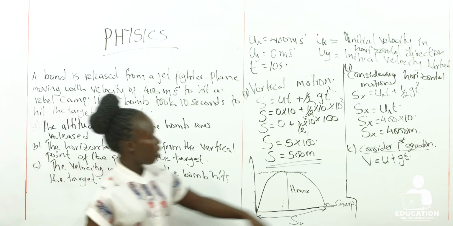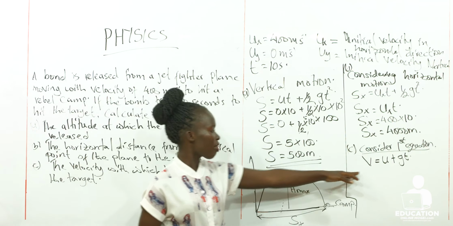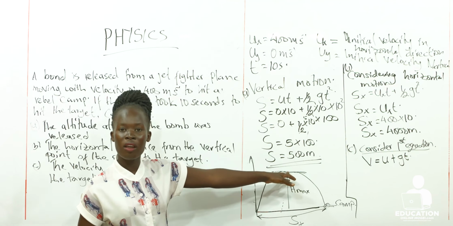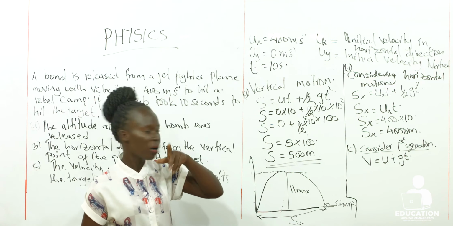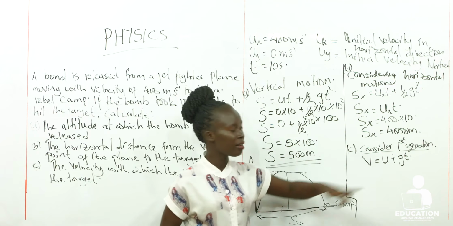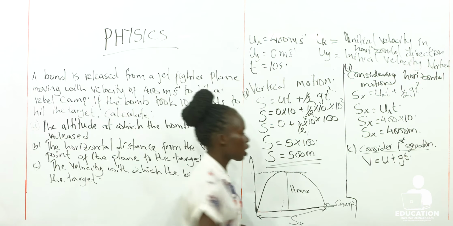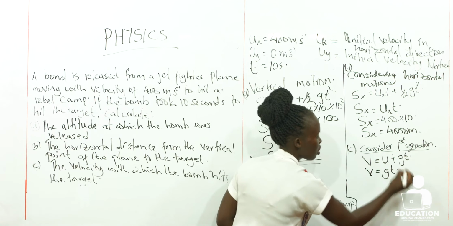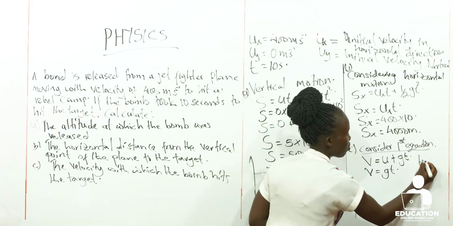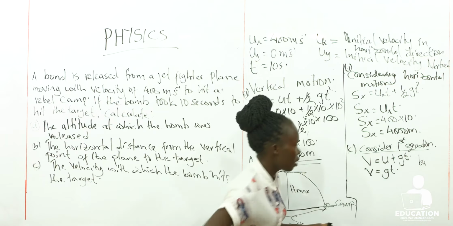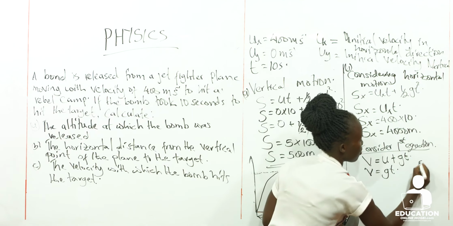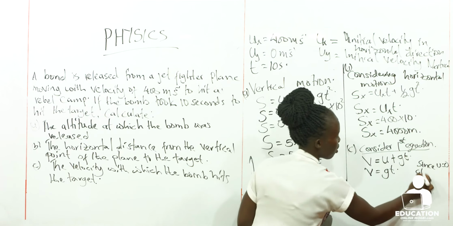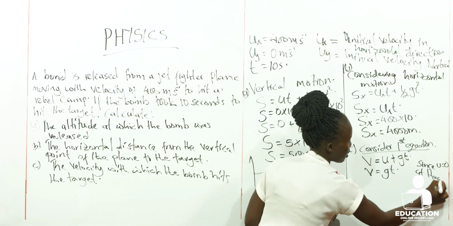So what is the velocity at the maximum height? At the maximum height, we said our velocity is equals to 0, meaning that our U here is equals to 0. We shall have our V is equals to GT, since U is equals to 0 at maximum height.